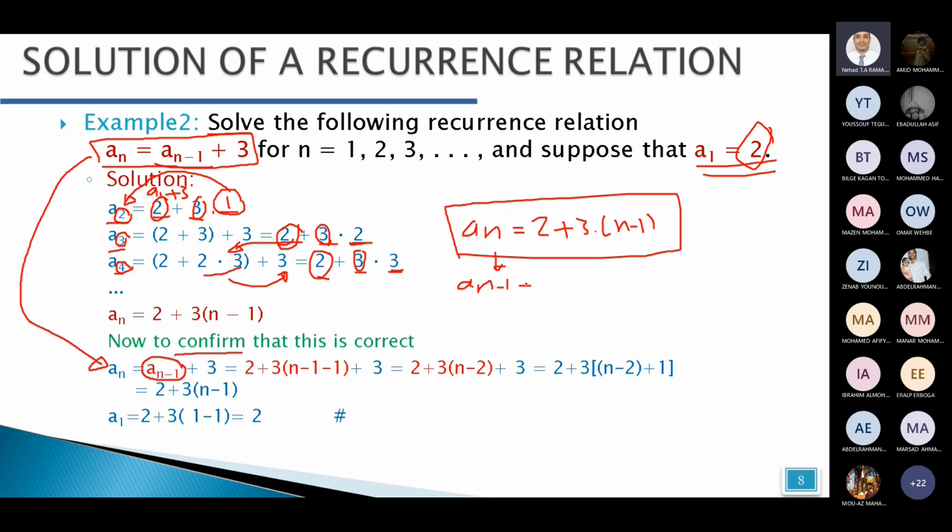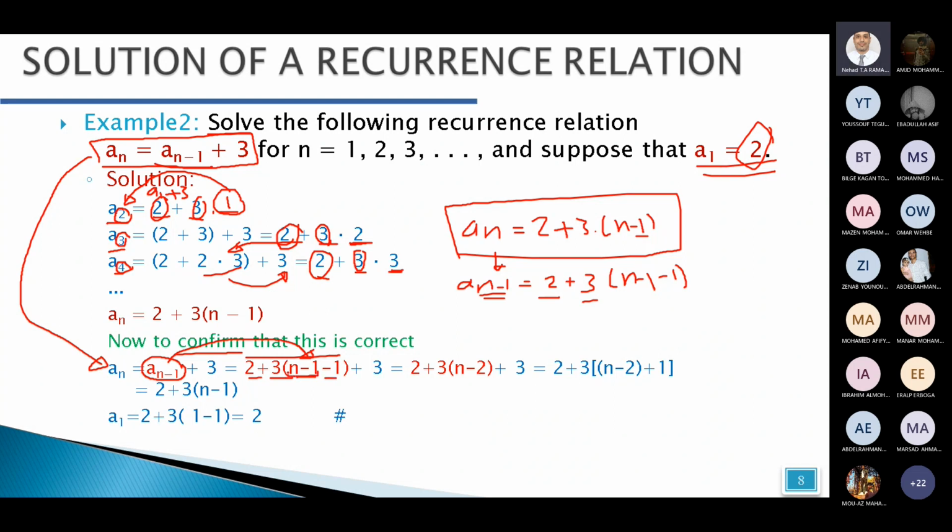What is its solution? It's 2 plus 3 multiplied by, instead of n, we have n minus 1. So instead of a_n, we write a_(n-1) as 2 plus 3 multiplied by (n minus 1 minus 1).